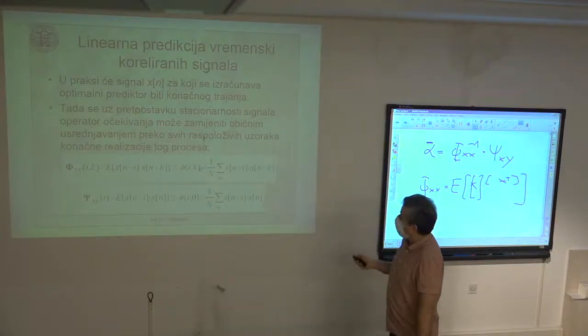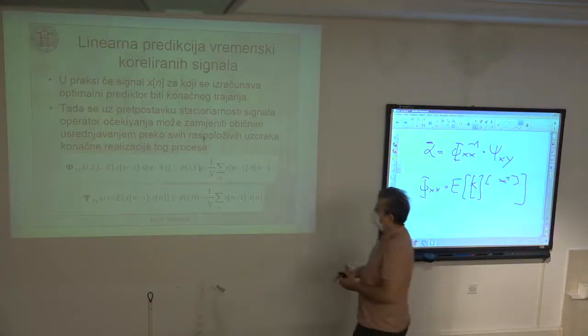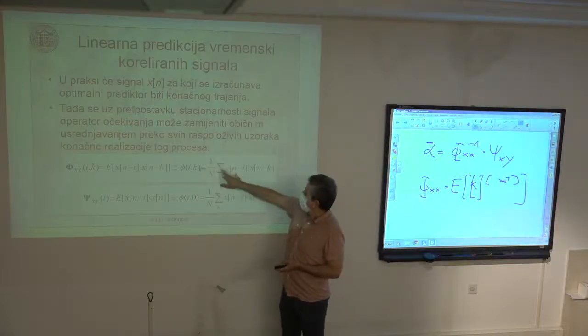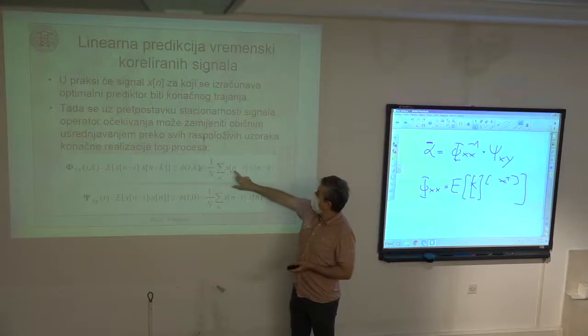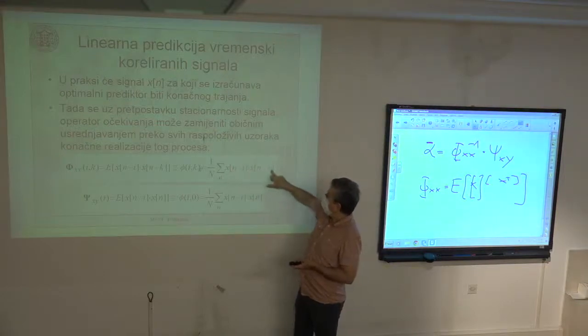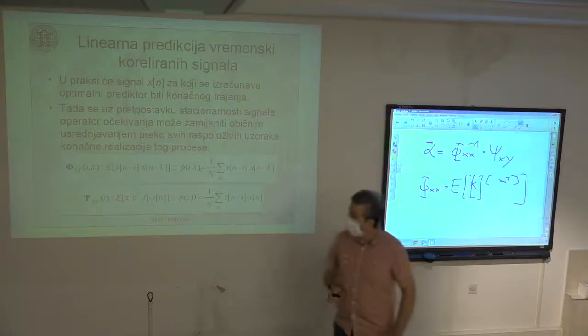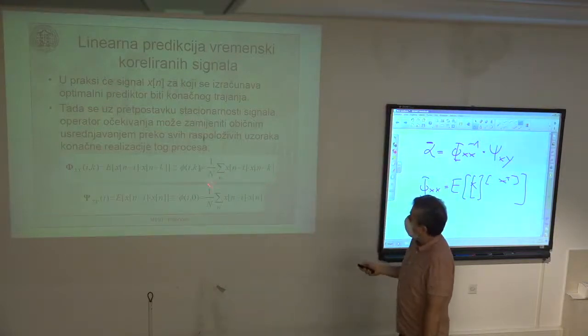This approximation is valid if the process is ergodic. So instead of using the expectation, I simply use the average value of the sum of x(n minus i) times x(n minus k) over all possible n, so all possible time indices n for which I have samples.